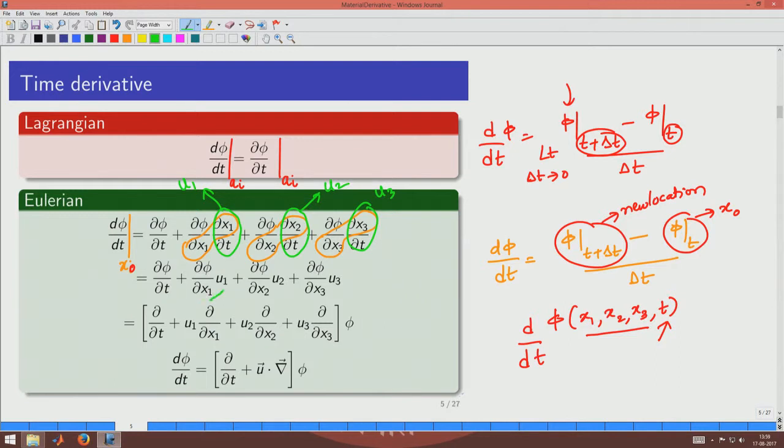You are seeing that the index is matching for all the three, and when we see this, we could also immediately recognize that you could take that as a dot product, and you can then write this entire expression as a dot product u dot nabla, where nabla is the differential operator with respect to the space, and u is basically the velocity at that particular location.